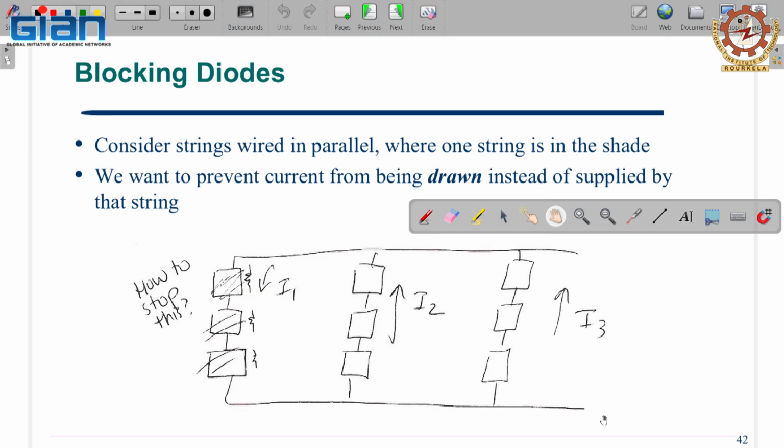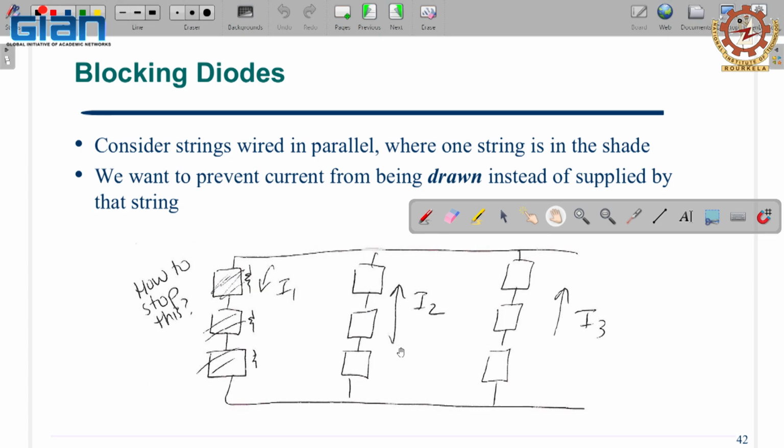Another issue sometimes with shading is, say for example, you have some strings in parallel. If one of the rows gets shaded, the current is being contributed by the other rows, and whatever is shaded is not contributing.